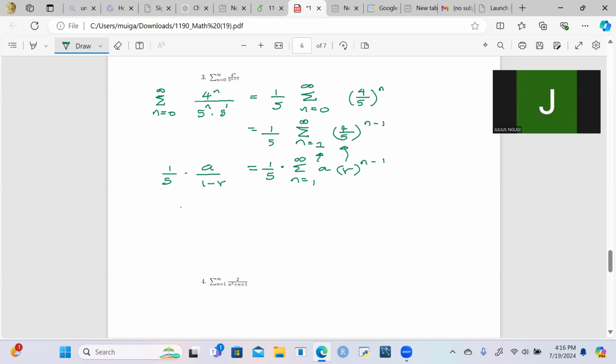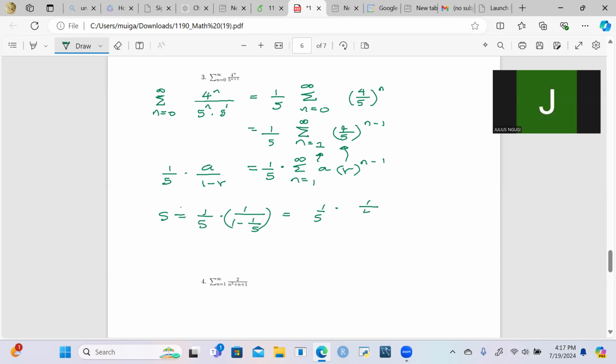So that means the sum equals 1 over 5 multiplied by a is 1, r is 4 over 5. So that's 1 minus 4 over 5. So this one becomes 1 over 5 multiplied by 1 over 1 over 5.